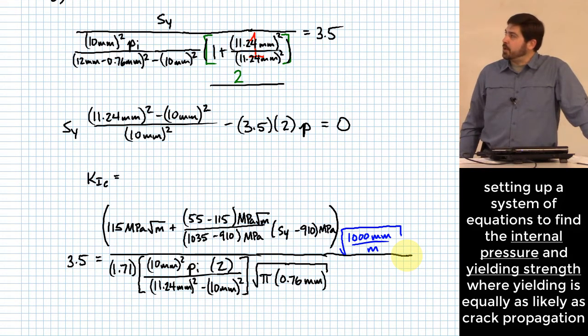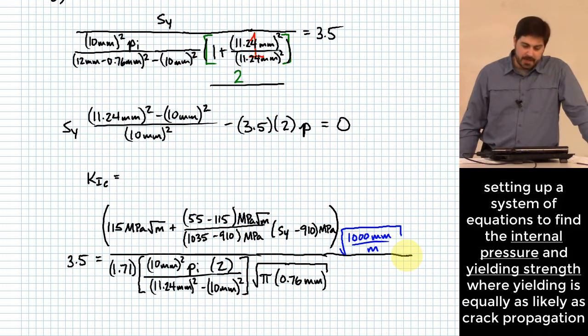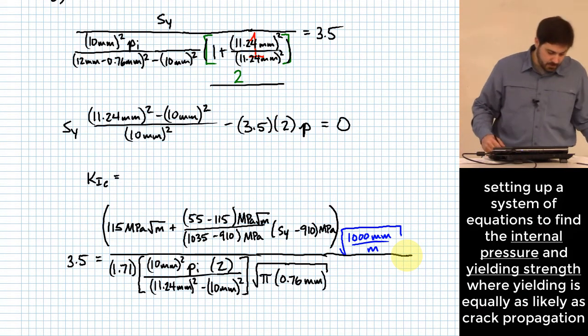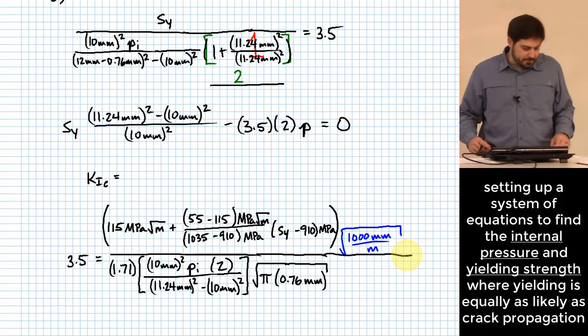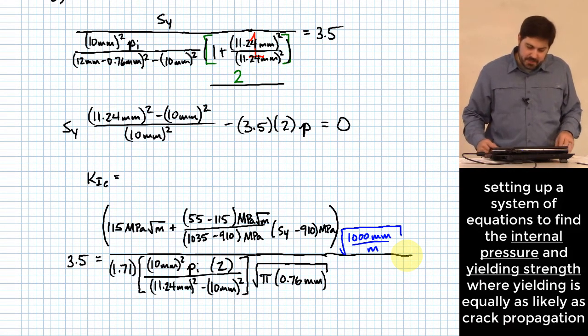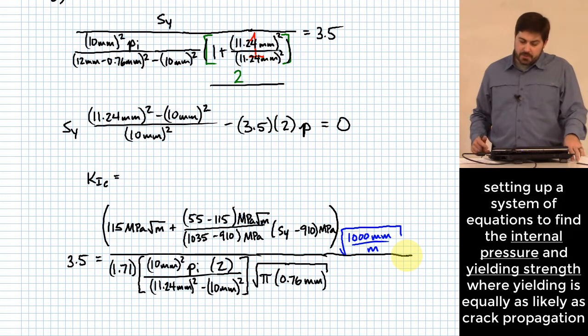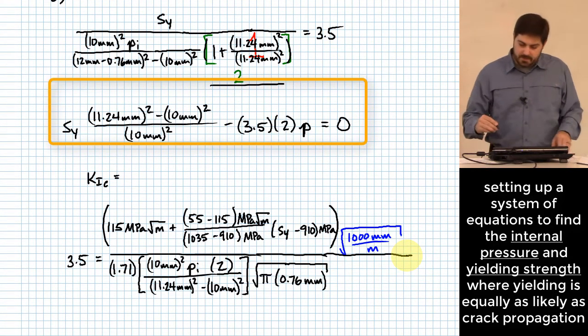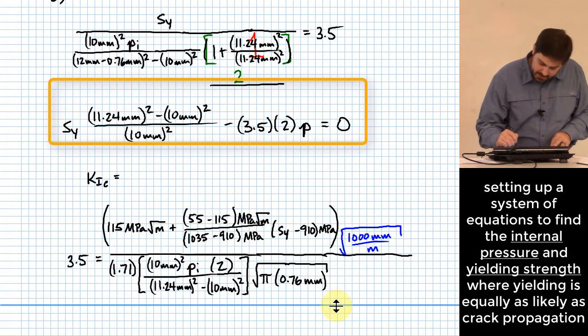How many variables do I have in that equation now? 2. And they are P and S sub y. Okay? And it actually is possible for me to rewrite this so that it's in the same form as the equation I had there a second ago.